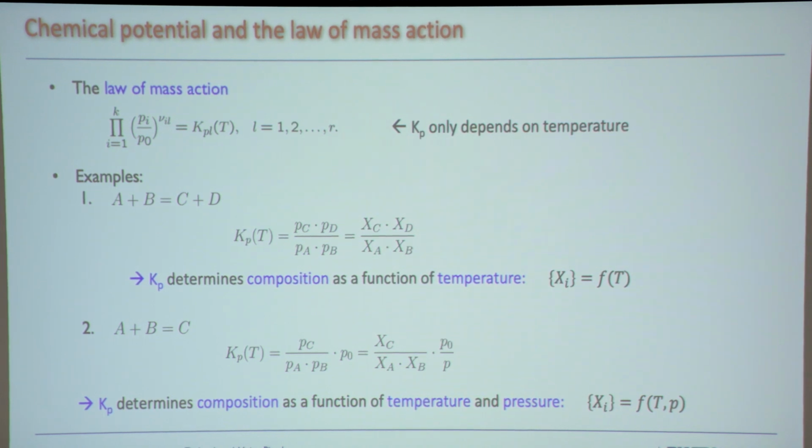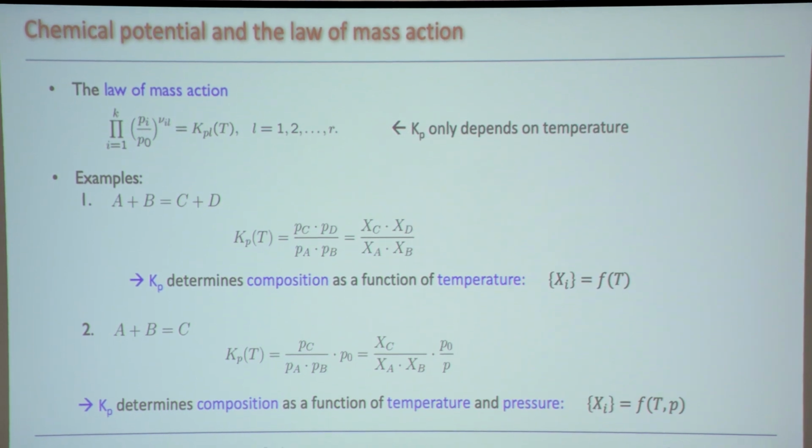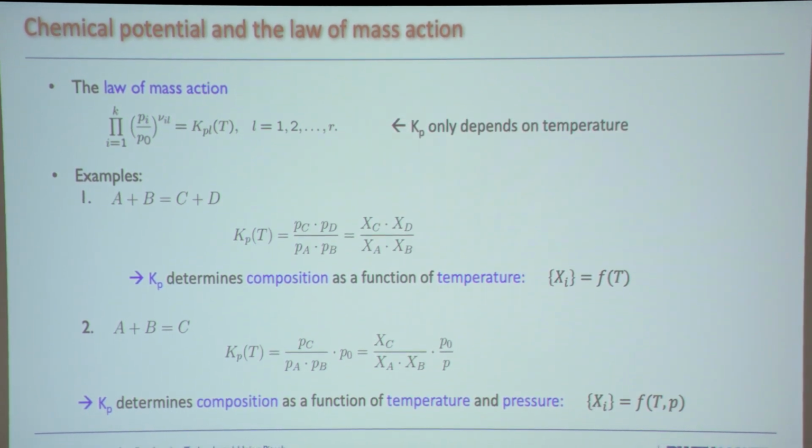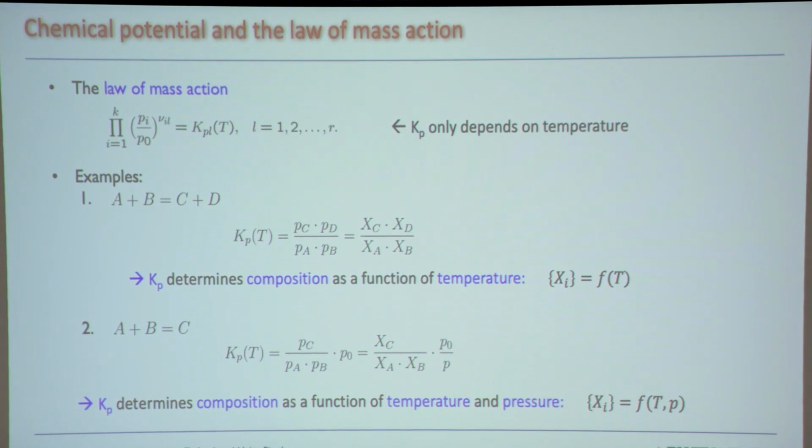And the second example is interesting because now it's a non-equimolar reaction. In the first one, you see all the P0s that I have up there, they go away. And what was P0 again? P0 was the reference pressure at which the entropy was defined, right? And so in the second equation, Kp is Pc divided by Pa times Pb, in terms of partial pressure. But there's one P0 left over, which didn't go away.